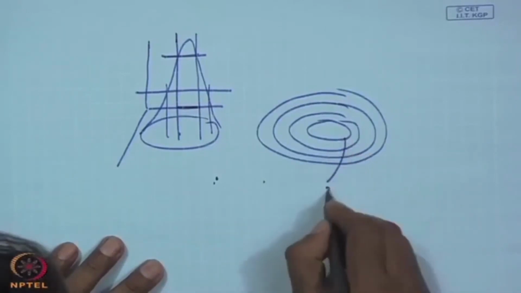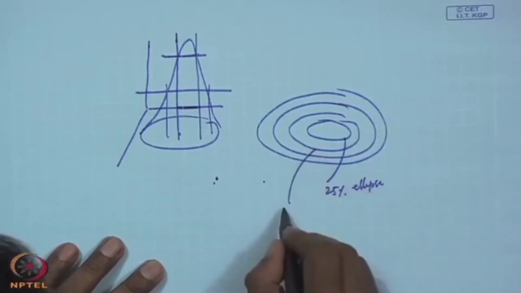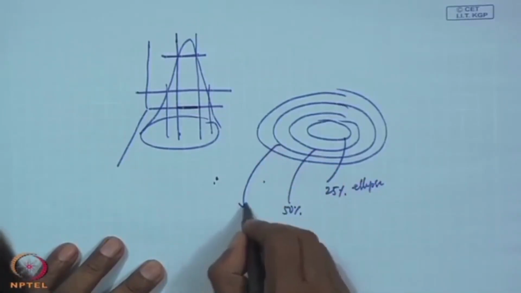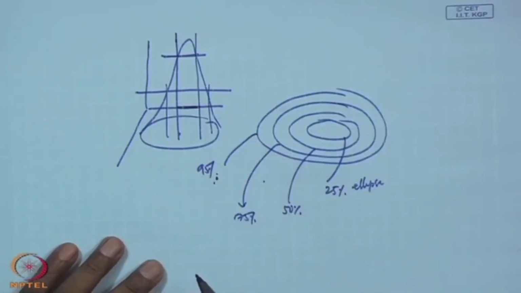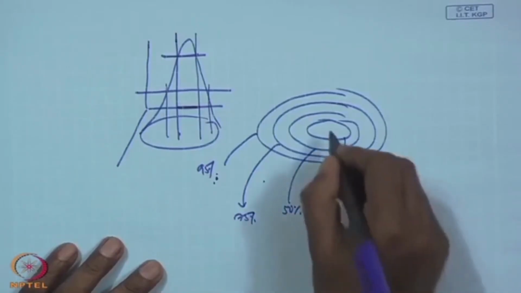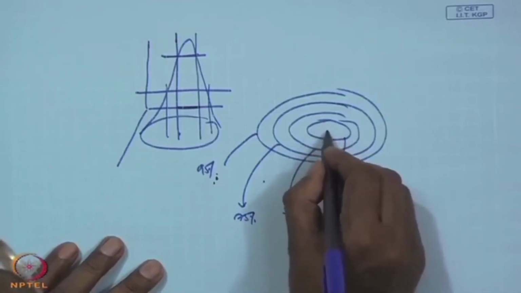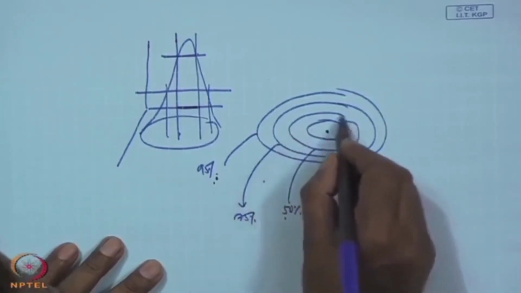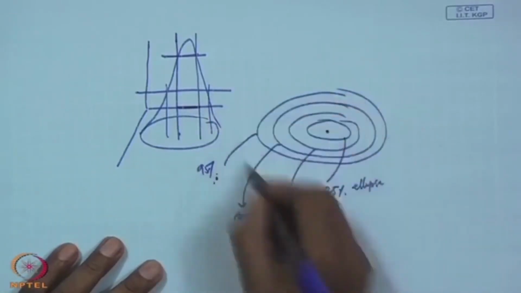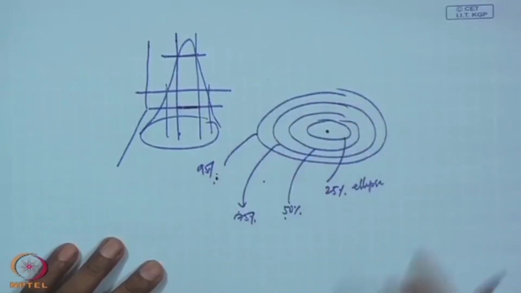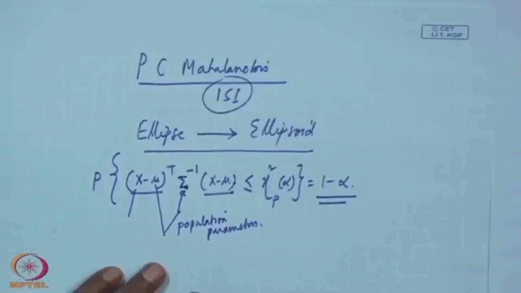So, I can say this may be the 25% ellipse, this may be the 50% ellipse, this one may be your 75% ellipse, this may be the 95% ellipse. What does it signify? It signifies that 25% of observations will be on or within this ellipse, 50% will be within or on this ellipse, 75% will be on or within this ellipse, and 95% will be on or within this ellipse, and that is this alpha.